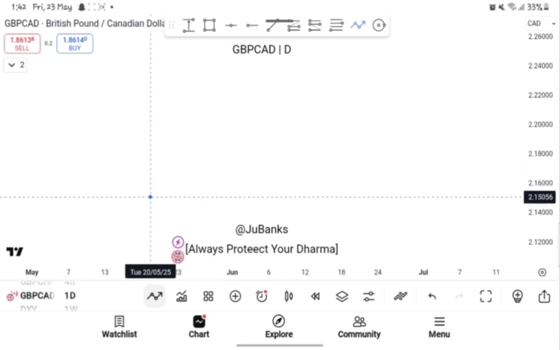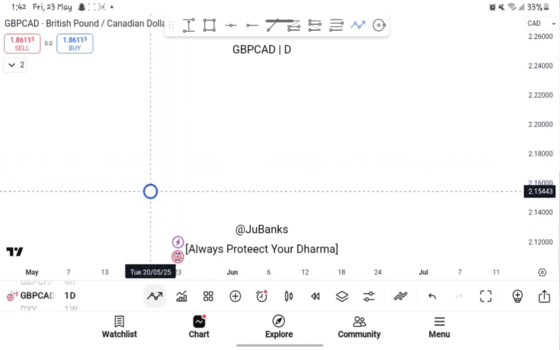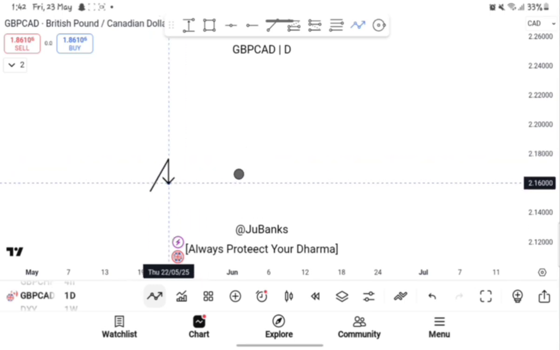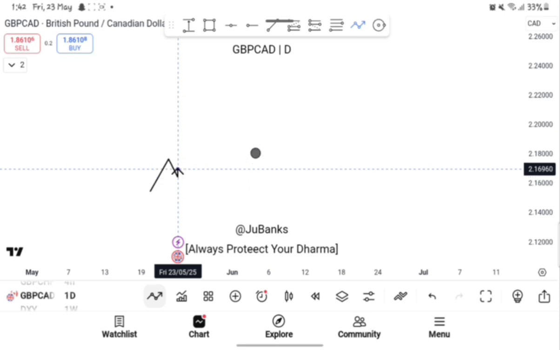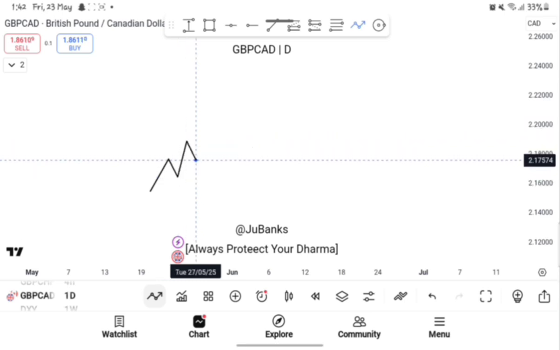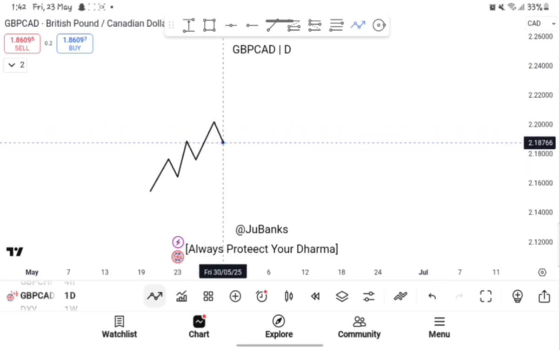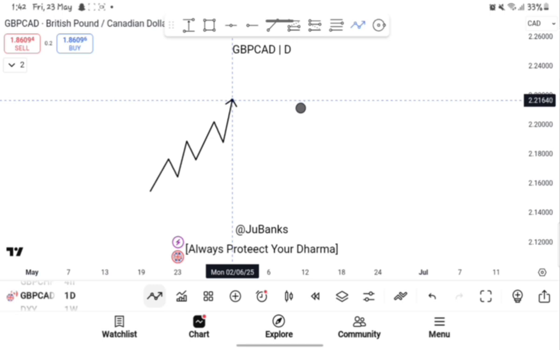So let's say the market is in a bullish phase or in an uptrend, right? So we have a low right here, we have a high, we have a higher low, we have a higher high, we have a higher low, we have a higher high, right? And the bullish market consists of higher highs and higher lows, right?